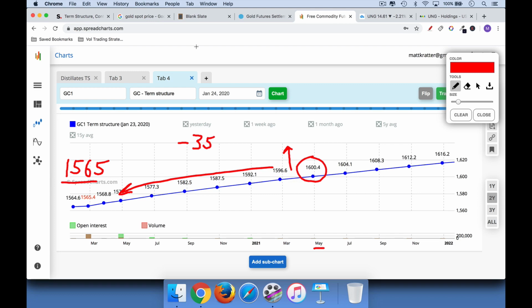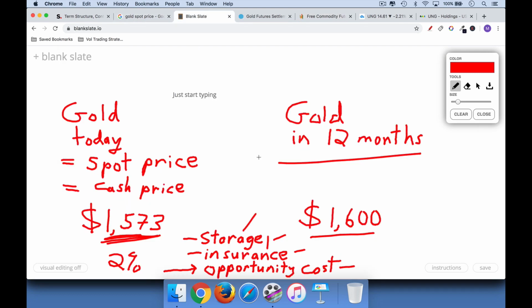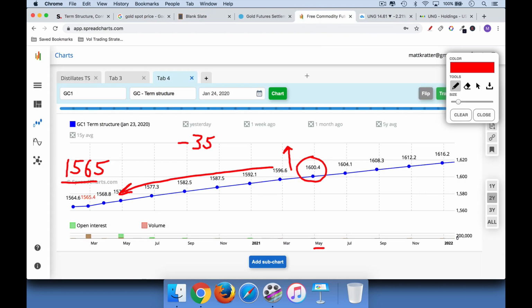Now, the reason for this goes back to our original view here, where basically there's a cost of storage, there's a cost of insurance, there's an opportunity cost, etc. That is all baked into the price of gold. And so if you enter here at 1600 and nothing happens to the price of gold, you're basically paying $35 here in opportunity cost, storage, insurance.